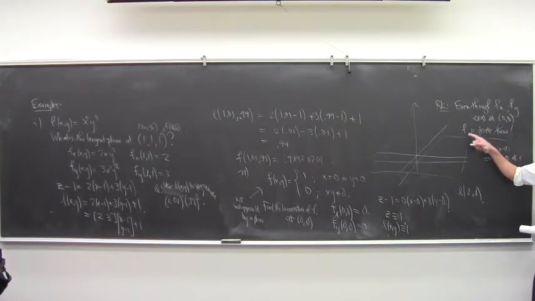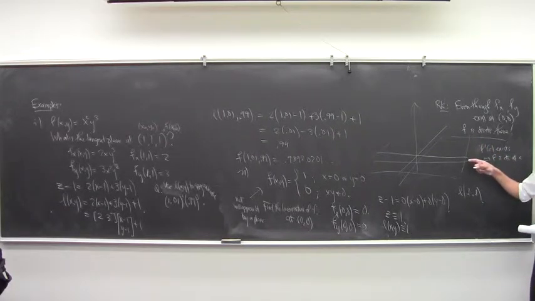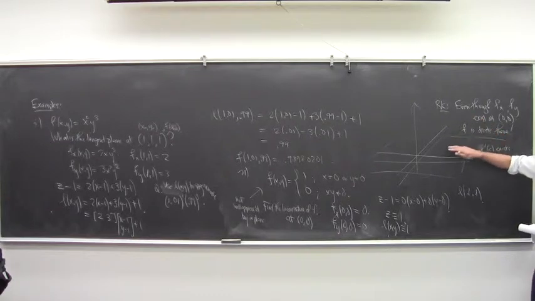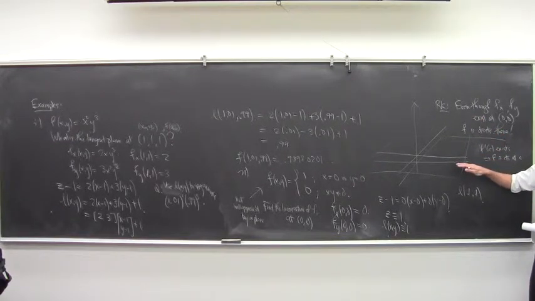But here, all the partials exist, but the function is discontinuous there. So that's a difference from the one to the two-dimensional case. And further, if the derivative exists in the one-dimensional case, then the line approximates it. But here, both partials exist, but the plane doesn't approximate it well.